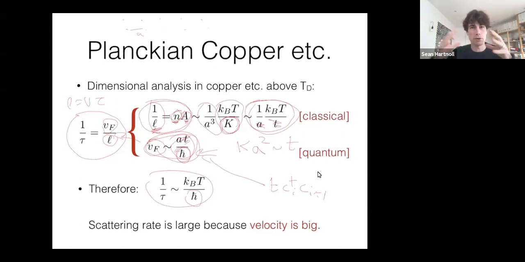But in a metal, because all the excitations are at the Fermi surface, which has a momentum, they move very quickly. And obviously, the quicker you move, the more things you hit per unit time. So the scattering rate in copper is large because the velocity is big.